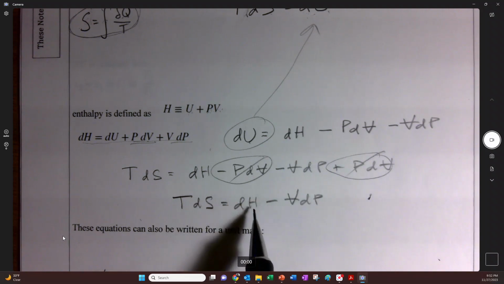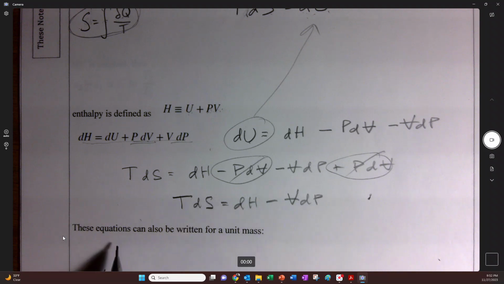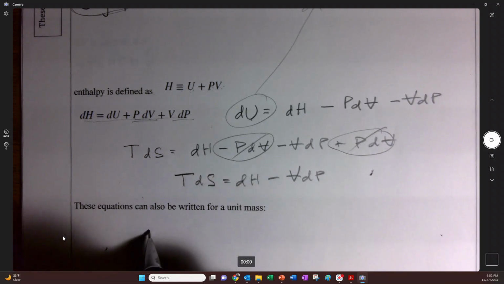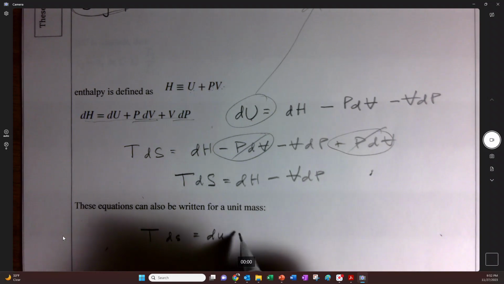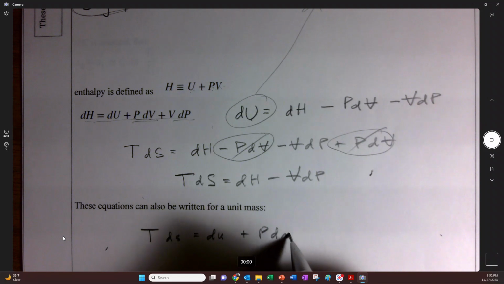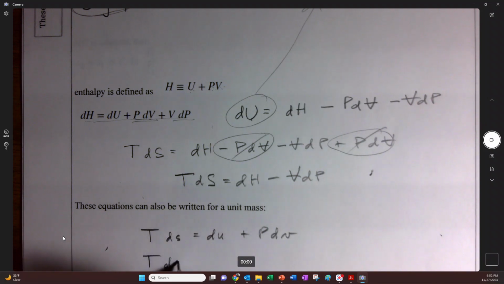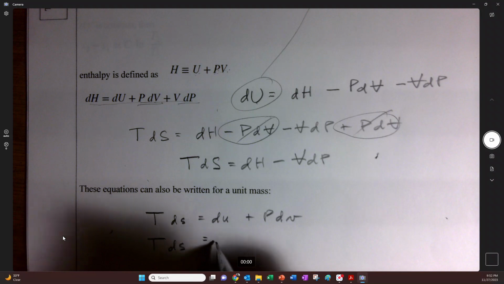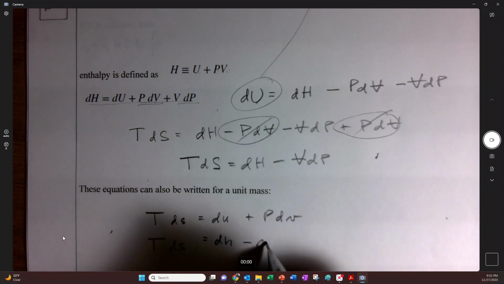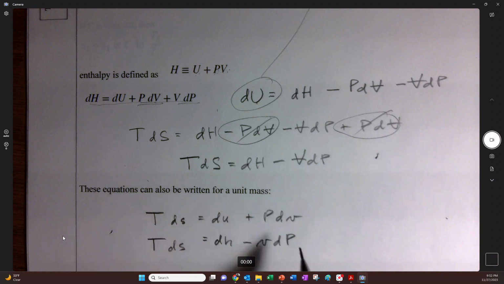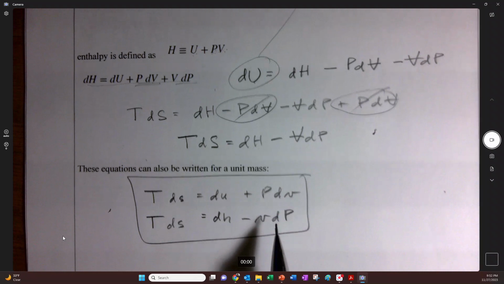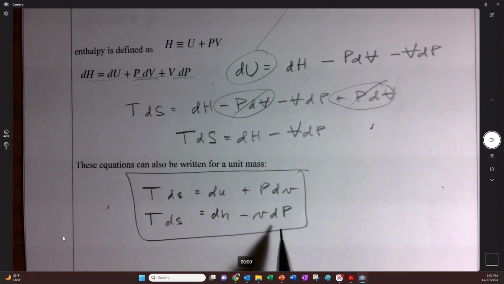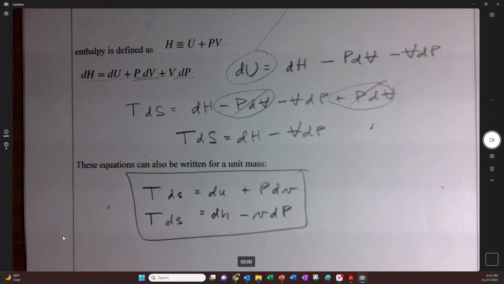Right, so here's our second Gibbs equation, and then if we go ahead and divide through by mass, we end up with T ds is equal to du plus P dv, and T ds is equal to dh minus v dP. All right, so these two things are our Gibbs equations in the per mass version. Two forms of the Gibbs equations.